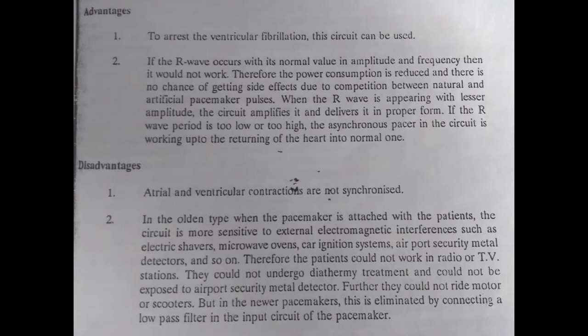If the R wave period is too low or too high, here we consider amplitude as well as period, the asynchronous phase in the circuit works until the heart returns to normal. If any change of the period, low or high, is identified, the fixed pacemaker present in this synchronous pacemaker will produce pulses continuously until the heart produces normal pulses.